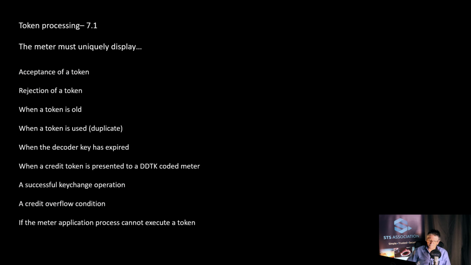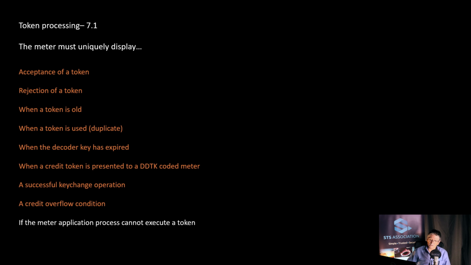Okay, a further few rules. A meter must uniquely display acceptance of a token, rejection of a token, when a token is old, when a token is used or duplicate, when the decoder key has expired, when a token is presented to a DDTK coded meter and is not allowed to accept it, after a successful key change operation, and if there's a credit overflow condition.